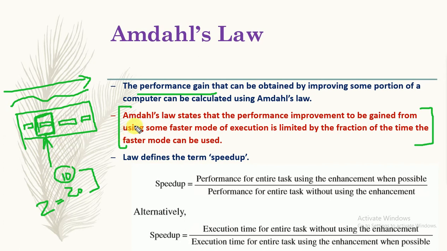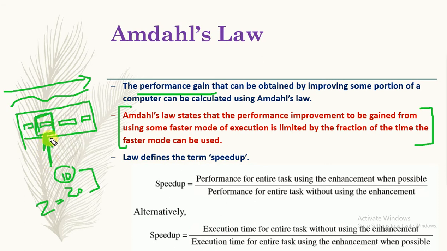Once again, Amdahl's law states that the overall improvement to be gained from using some faster mode of execution is limited by the fraction of the time the faster mode can be used.